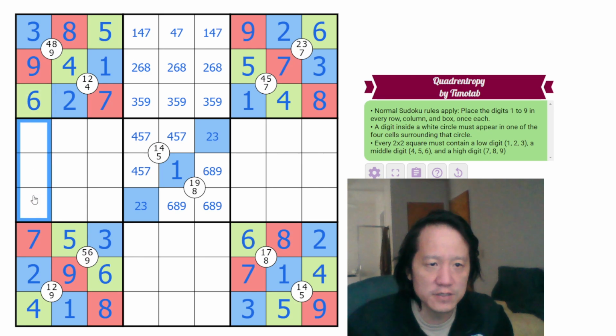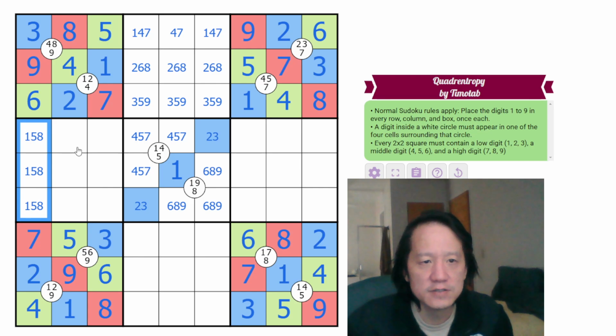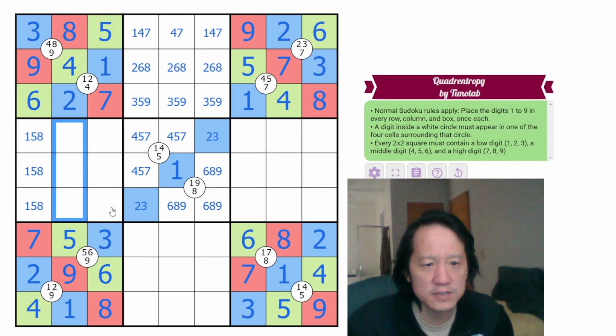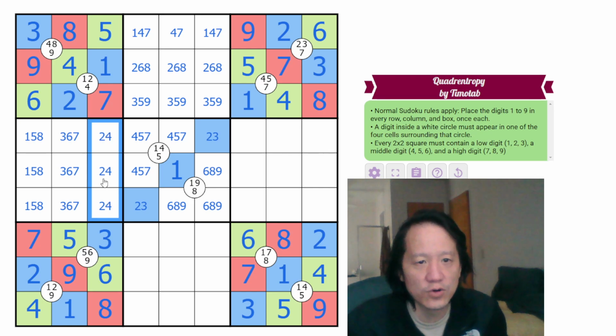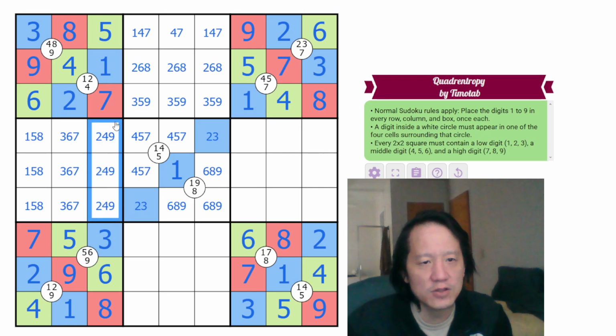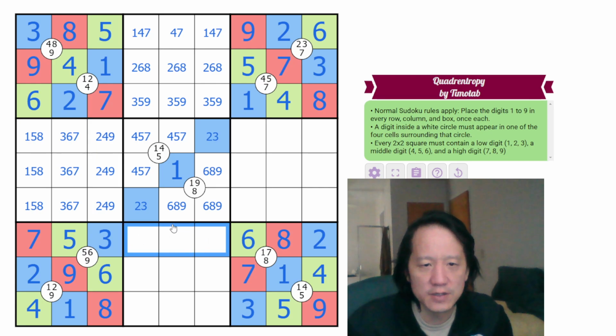So this is 1, 5, and 8. This is 3, 6, and 7. And this is 2, 4, and 9. And you notice all of them contain a low, a medium, and a high number. Doesn't have to be the case normally, but that's fine.